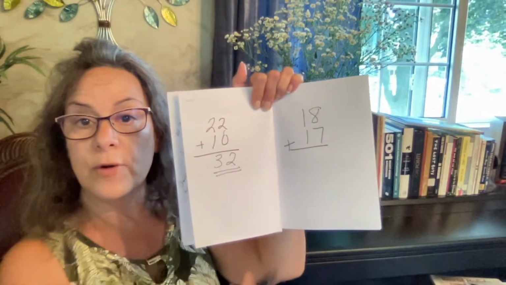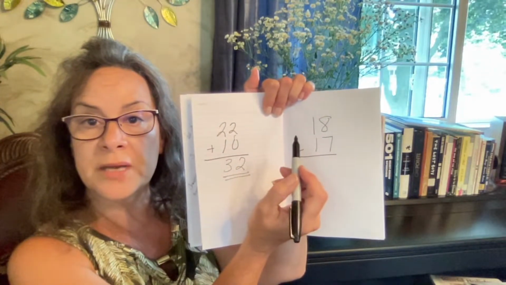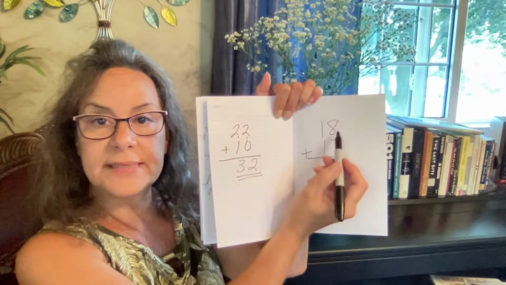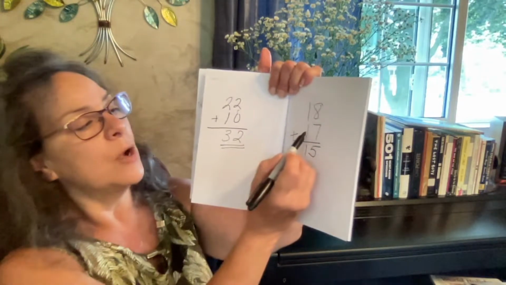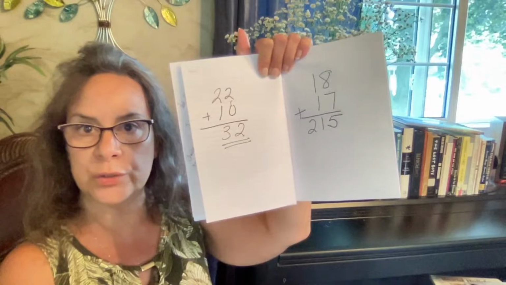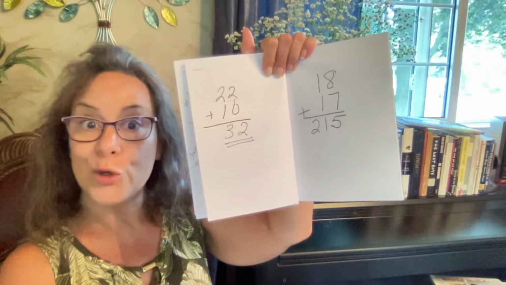So if we had 18 plus 17, we put those numbers underneath one another. 7 plus 8 equals 15. Do we write that number down? And then 1 plus 1 equals 2. So 17 plus 18 equals 215? No, of course not.